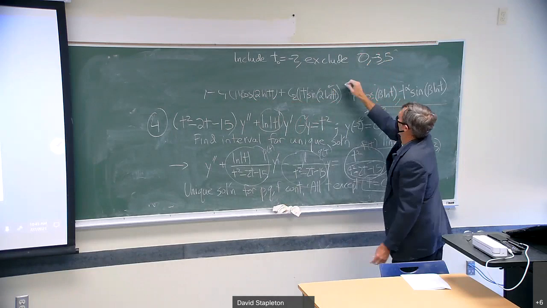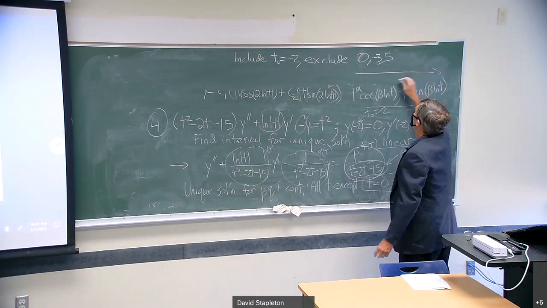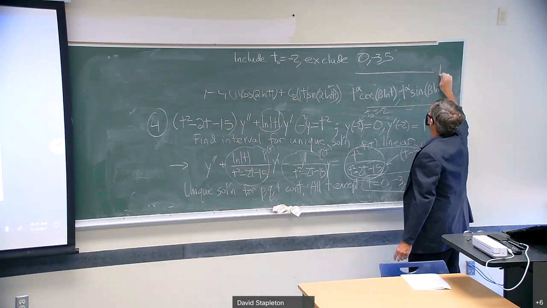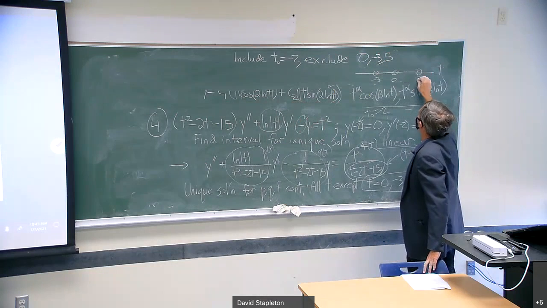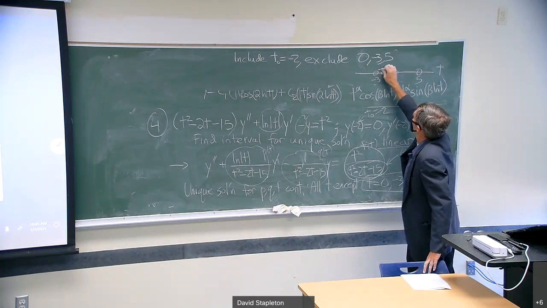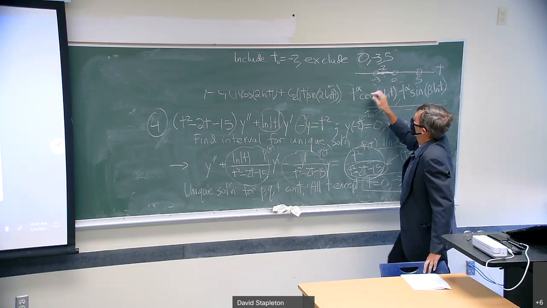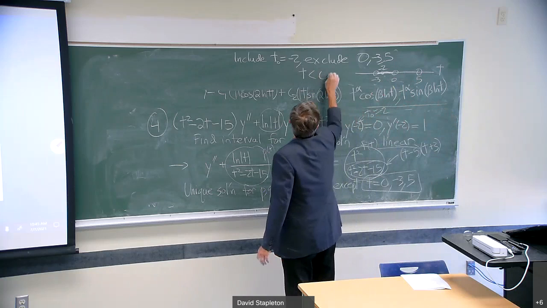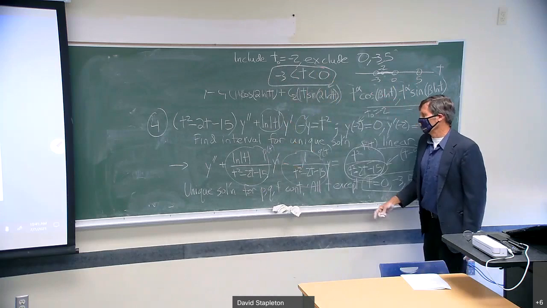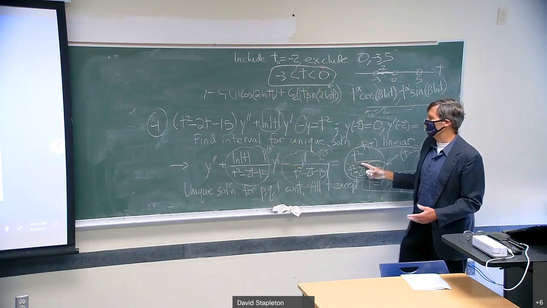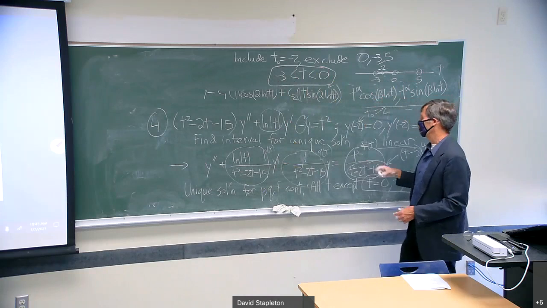What's the biggest interval I can make of the t-axis that excludes minus 3, excludes 0, excludes 5, but includes minus 2? Oh, there it is. Easier to visualize this sometimes. It's t between negative 3 and 0. That's how you do those. You look for where these are continuous, you put it in standard form, ask where these are continuous. That's it.